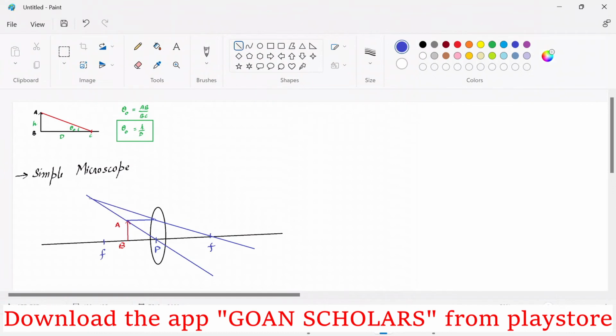This ray and this ray, they will meet, and at the point at which they meet, we will get the image, enlarged, virtual and erect. This is called our A prime, B prime.